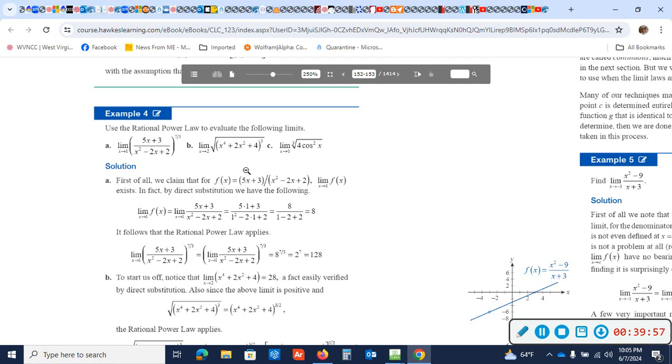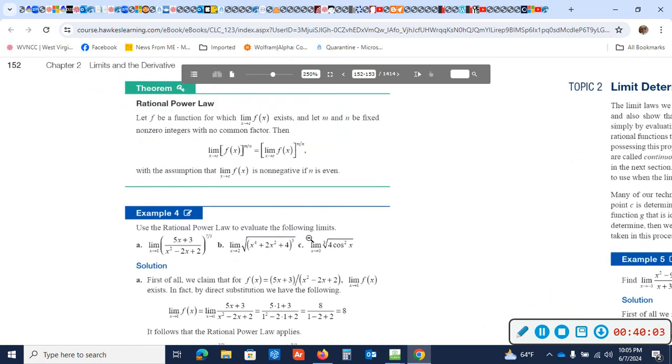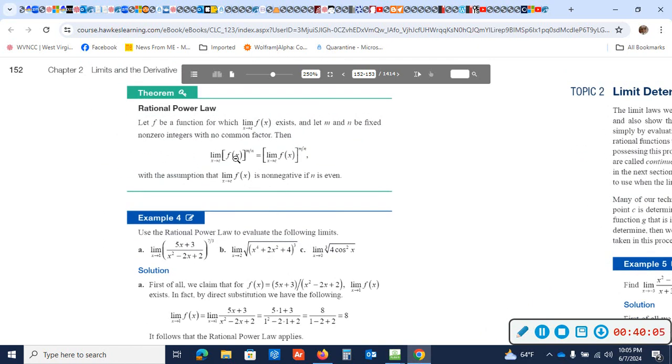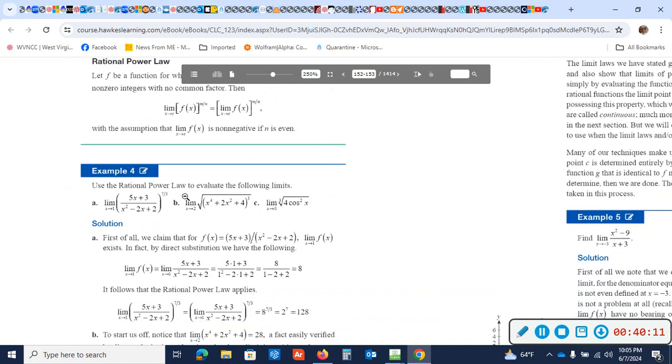Again, the limit doesn't mean the value when you plug in this input. It's just that in the case of rational functions, functions raised to a rational power, this is a rational function, and this is a rational exponent.